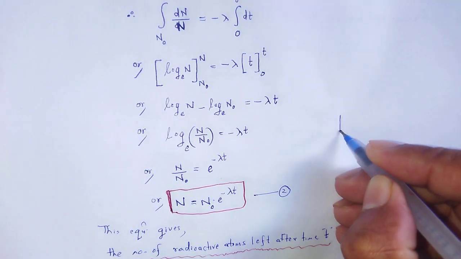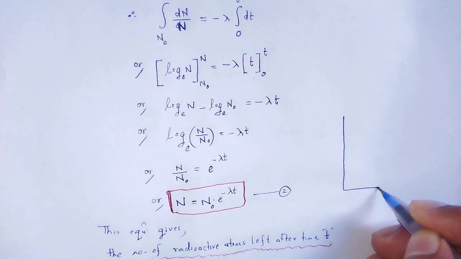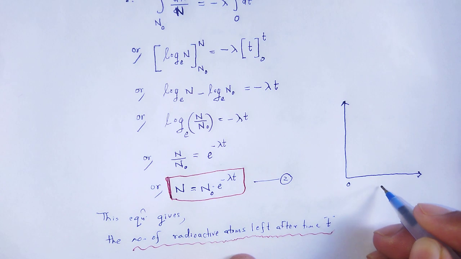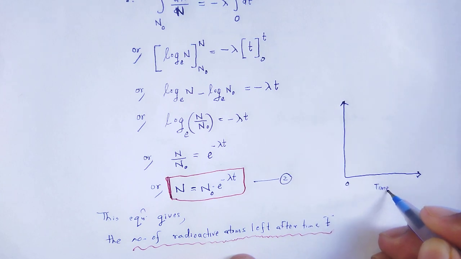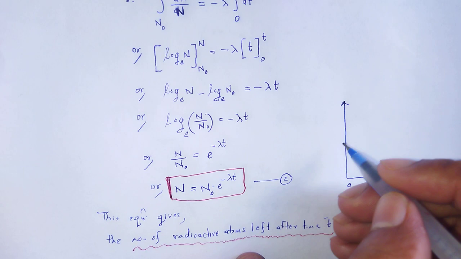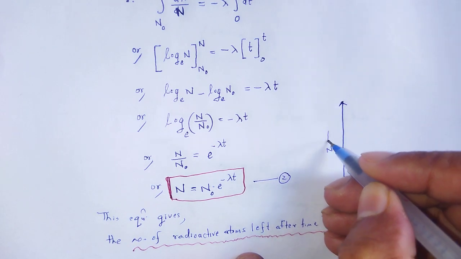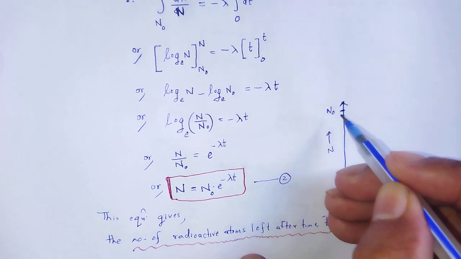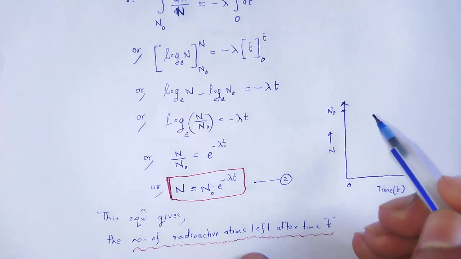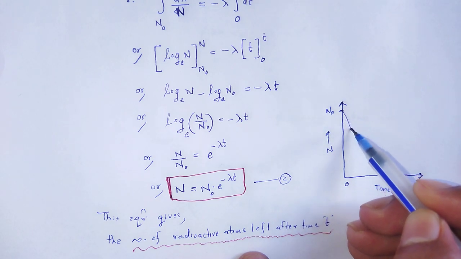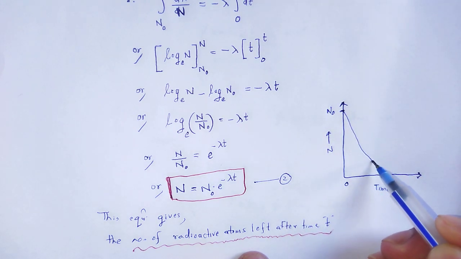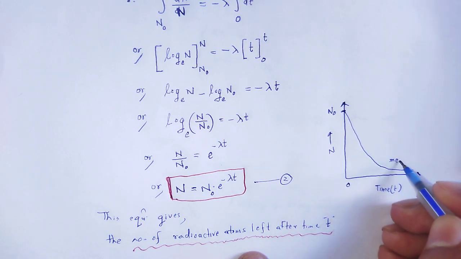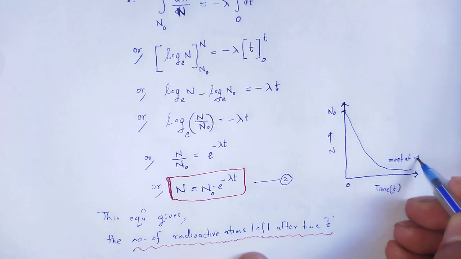If we plot a graph between time and N, initially it is N0 when t is equal to 0, and gradually it decreases exponentially and meets at infinity.